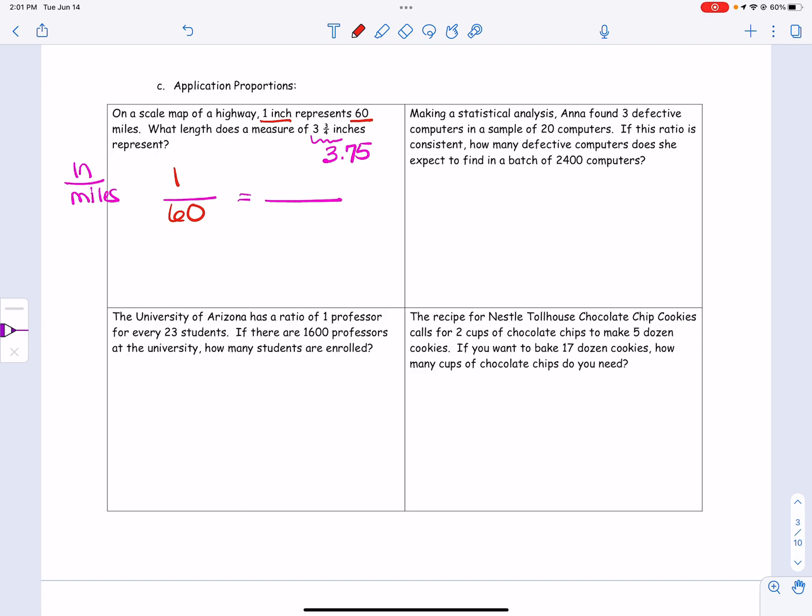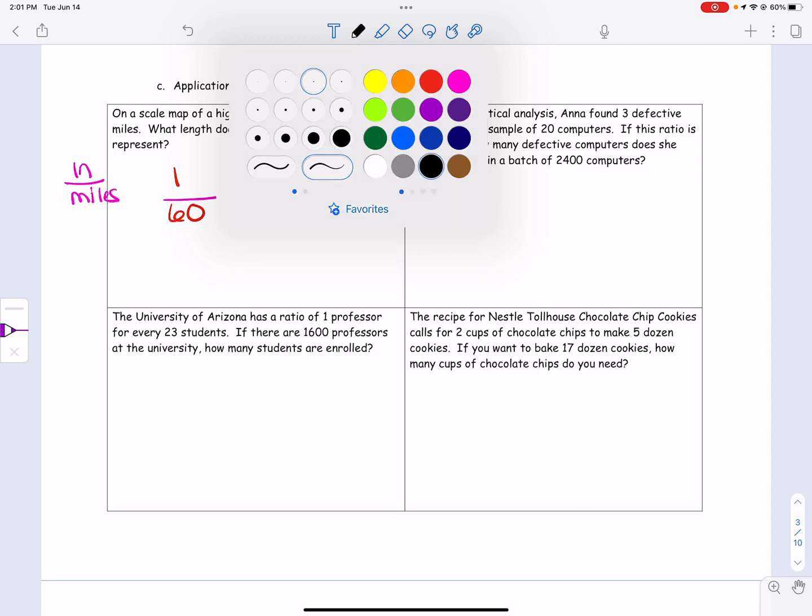Now it says, what length does a measure of 3 3/4 inches? Inches is on top, so I'm going to put that on top. And I want to know how many miles. Now, once you set up your proportion, then it's just a calculator game. So this is how I do it.